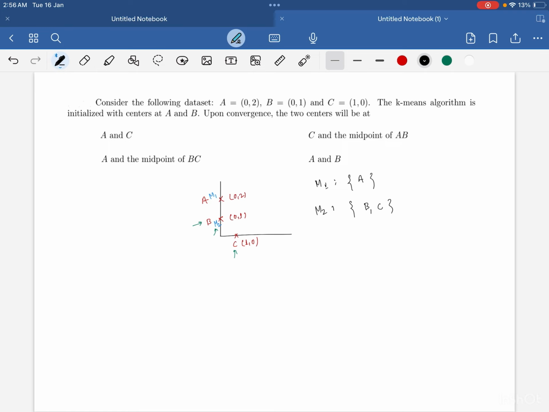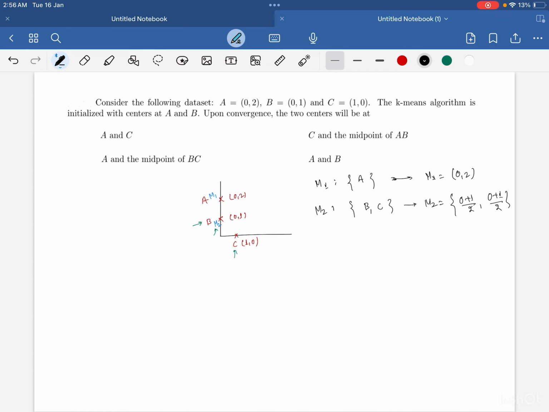Now what's the next step? The next step is to update your centroids. Mu 1 will be at the same position, at A, which is at 0, 2, and mu 2 will get updated to (0 plus 1) divided by 2, (0 plus 1) divided by 2.